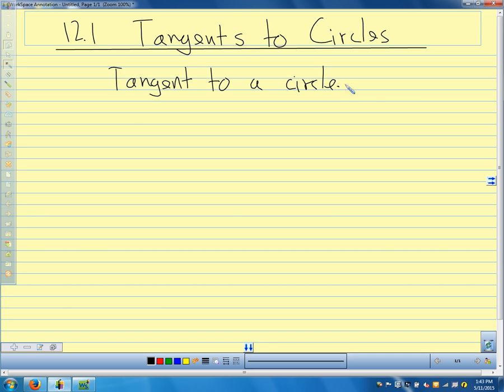Anybody know what we mean when we say a line or a segment is tangent to a circle? It's sort of related to SOHCAHTOA, but we're talking about a different kind of tangent. Any ideas? No?